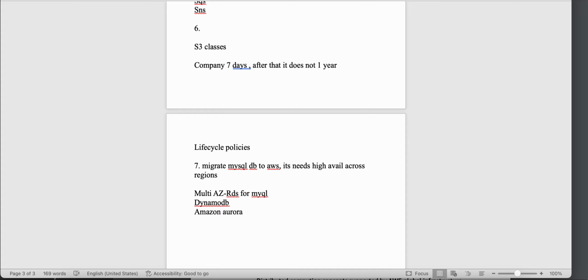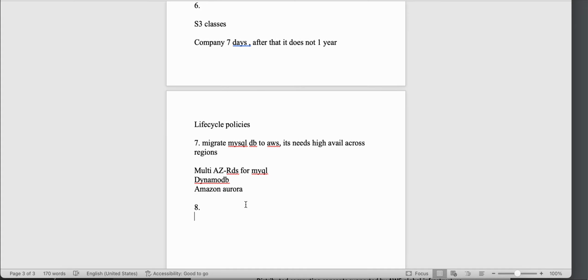Now, one interesting question that I still find confusing, it was a long question. The gist was that the company needed a database for hierarchical data.